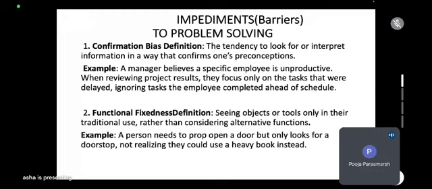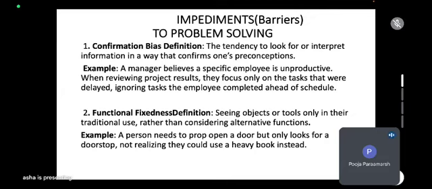For example, a manager believes a specific employee is unproductive, but when they review project results, they focus only on the tasks that were delayed, ignoring tasks the employee completed ahead of schedule.